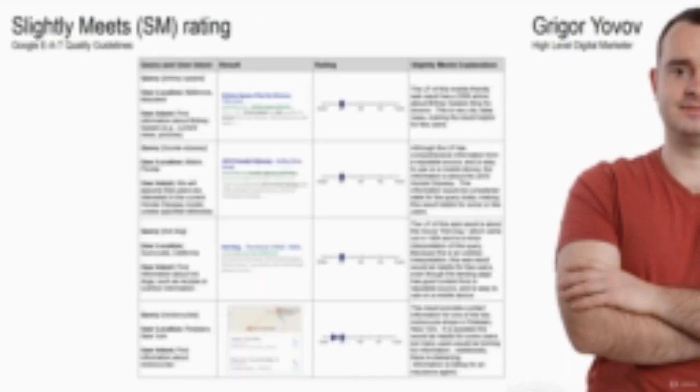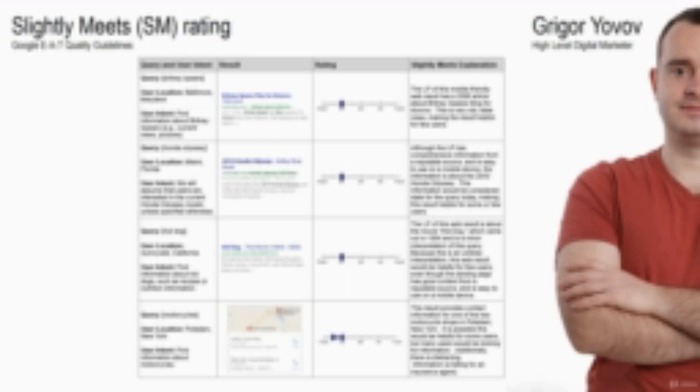Hello, in this lesson we'll talk about the slightly meets rating, and this is a rating assigned to results that are helpful and satisfying for some or few users.